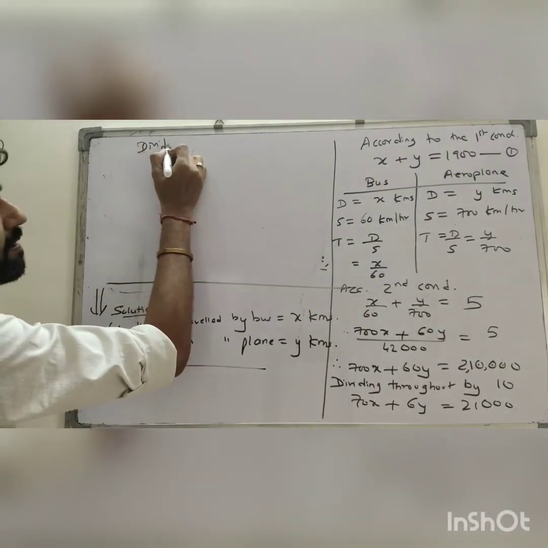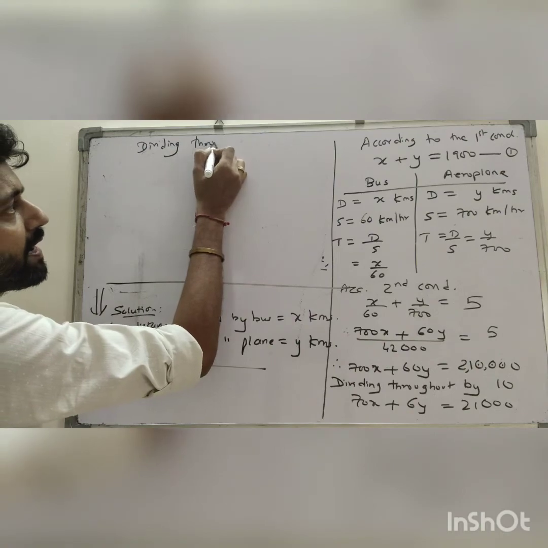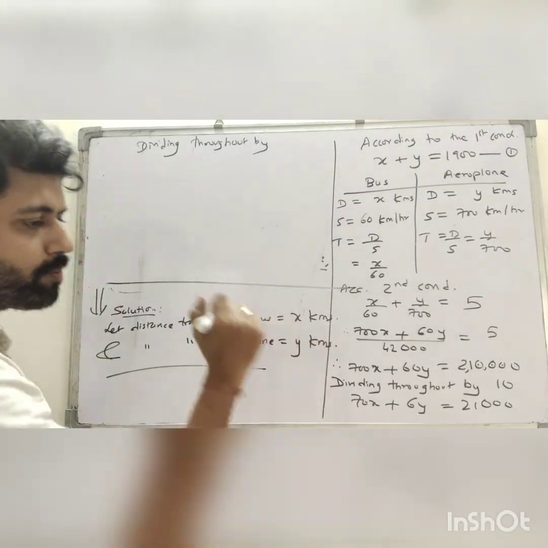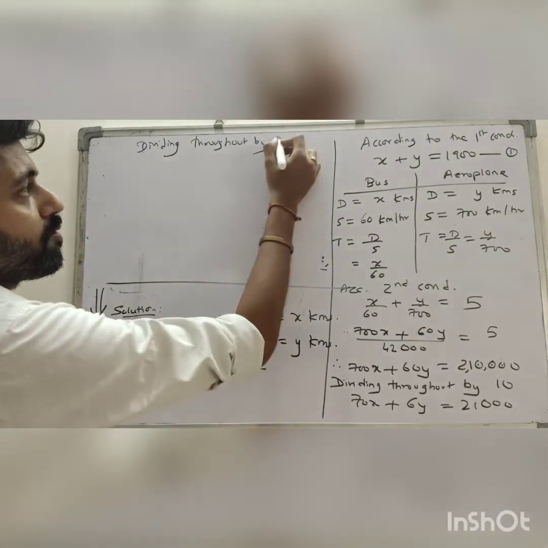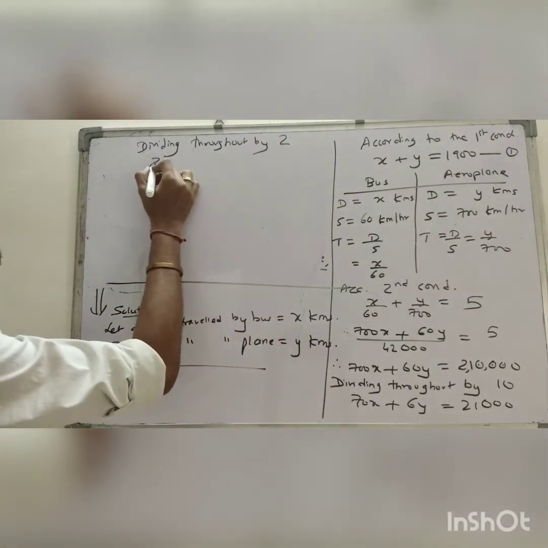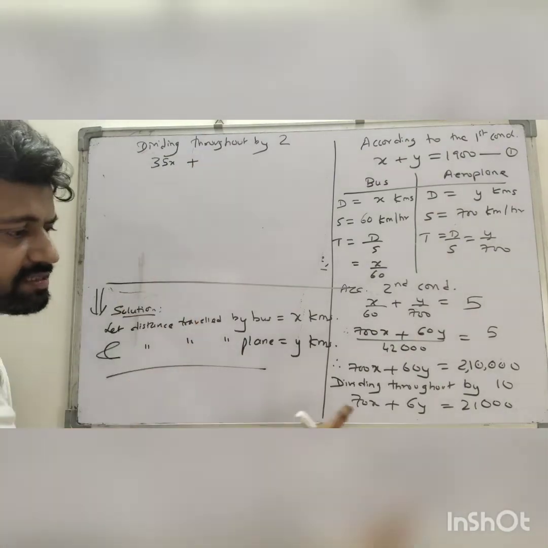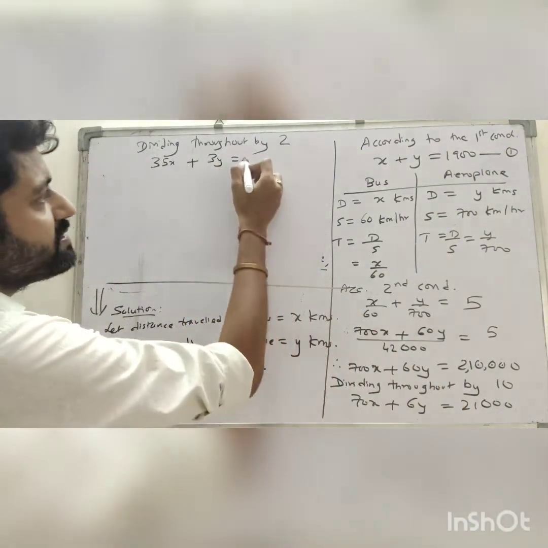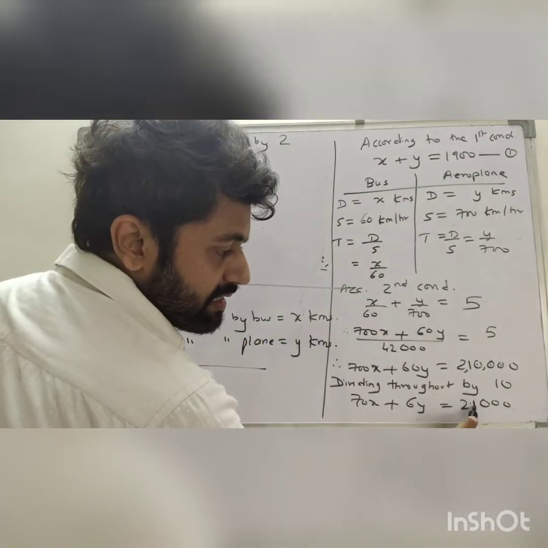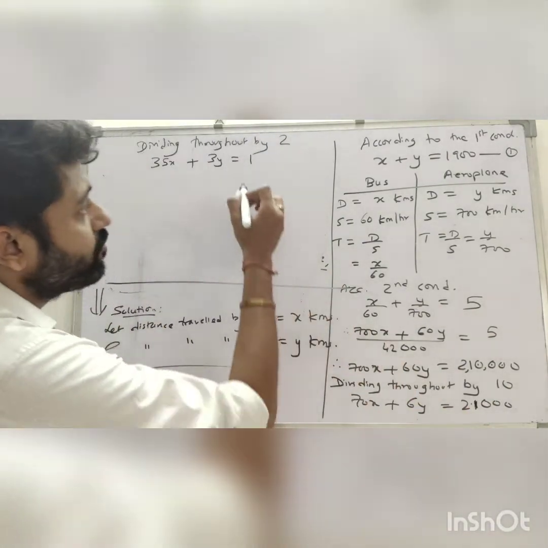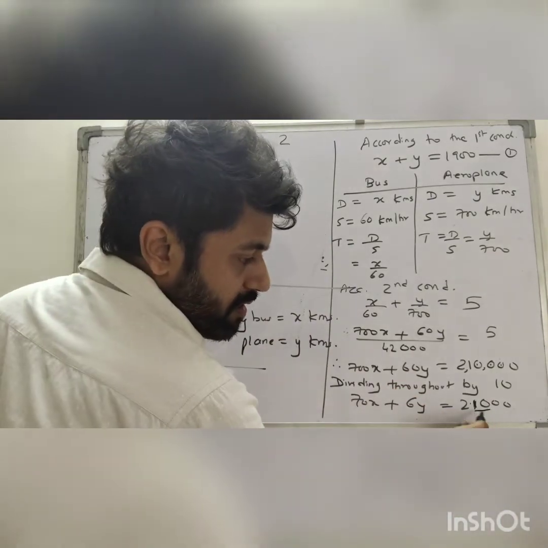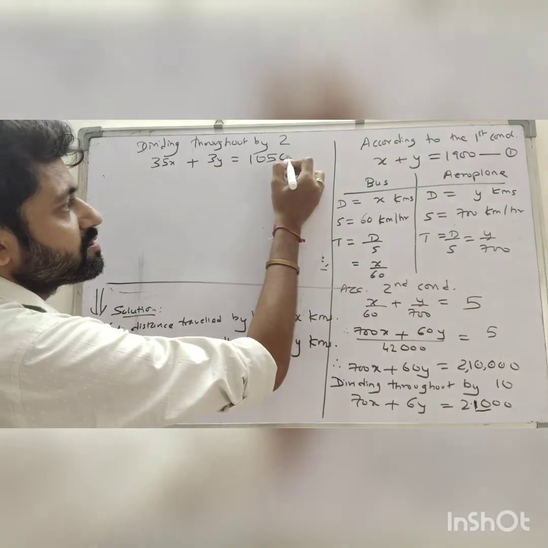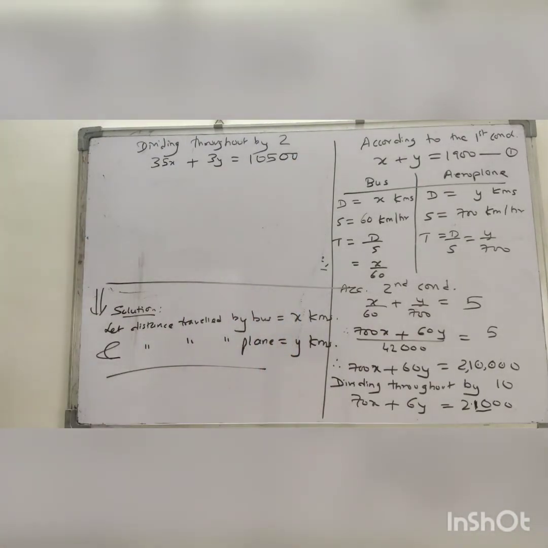Dividing throughout by 2, we get 35x plus 3y is equal to 2 ones are 2, then the number is 1, so we put a 0 and divide this 10. 2 5s are 10 and at the end those zeros. This is what we will get.